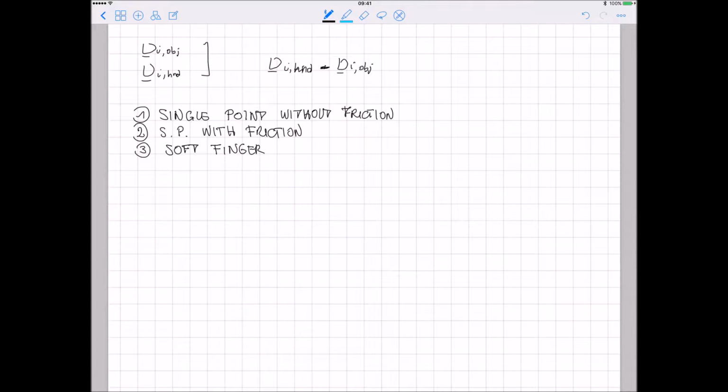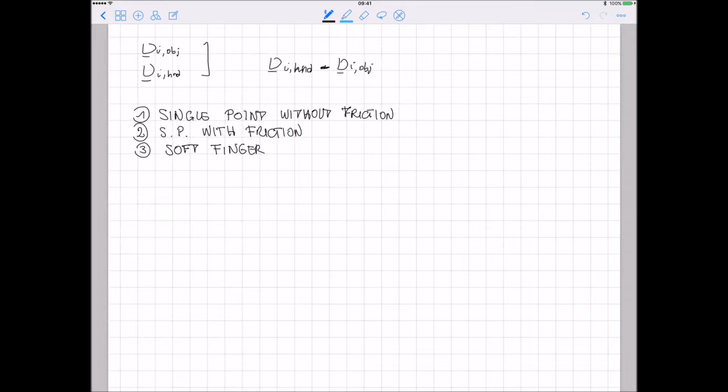So the single point without friction is used when I have hard surfaces, for example steel or other types of metal, with low or no friction, for example a slippery surface with a lubricant and so on. So this is used when I have a smooth and hard surface with very low friction.